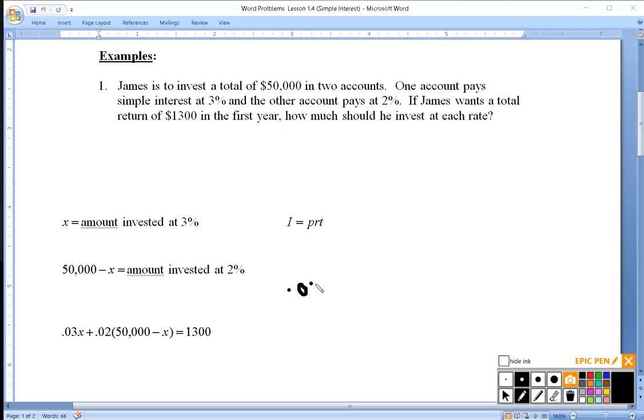So I have 0.03x, and then in the second part I just multiply through the parentheses by the 0.02. So 0.02 times 50,000 gives me 1,000.